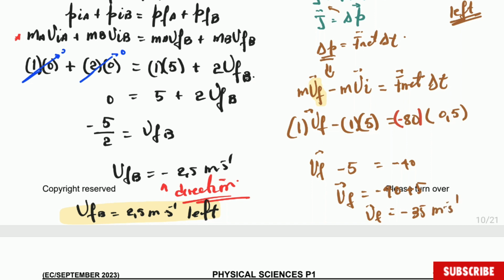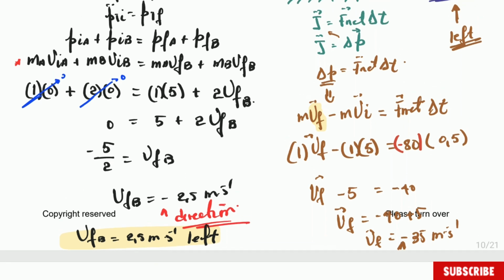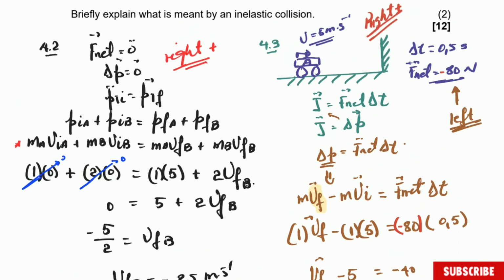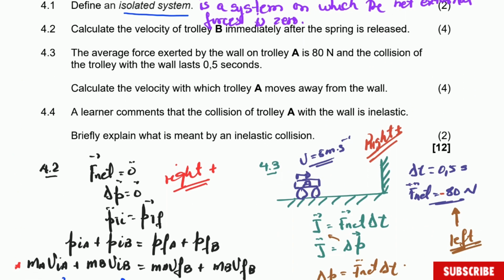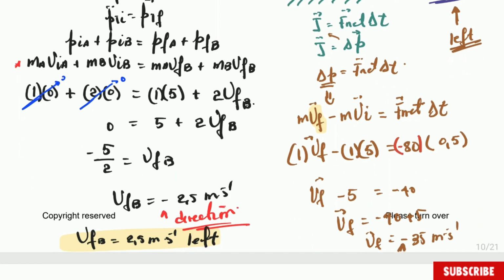In the question, they ask you to calculate the velocity, so we also have direction, and the minus there has a meaning, which is direction. So the final answer here is going to be 35 meters per second left. Let's write the answer somewhere there. The final velocity is equal to 35 meters per second to the left.